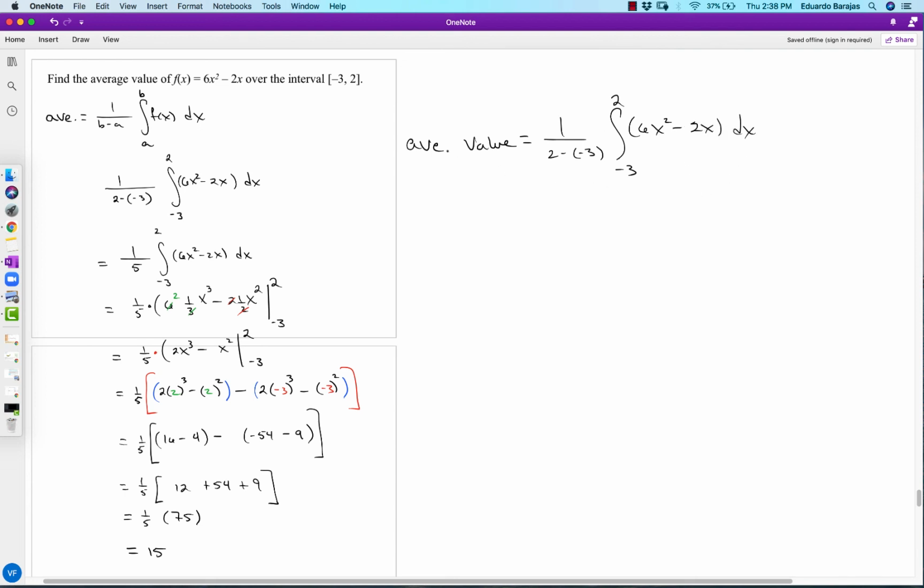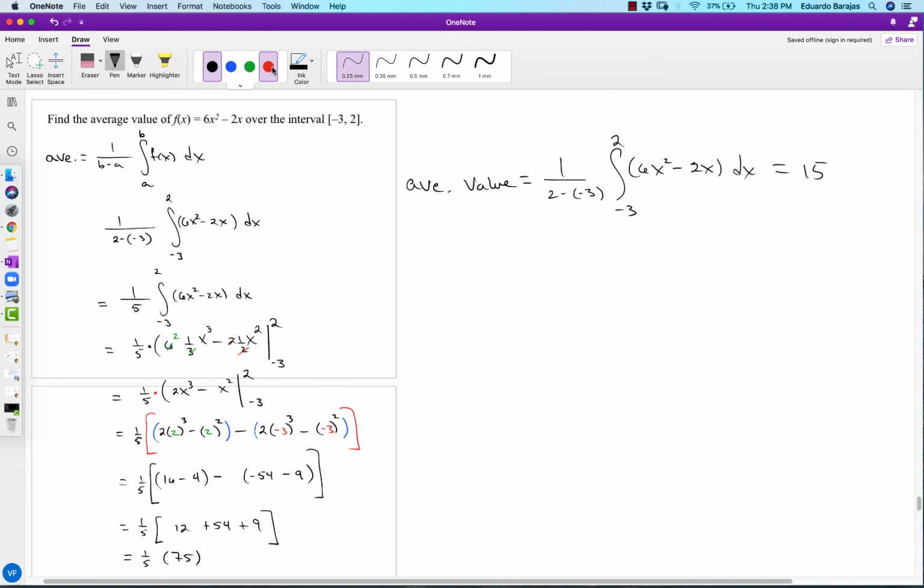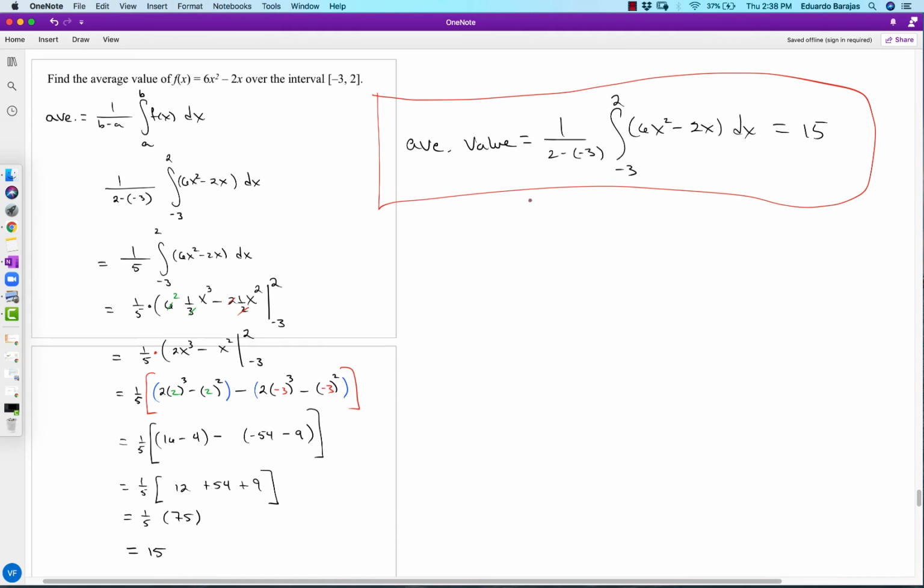So that gives me my average value. And after a lot of work, we found that that answer was equal to 15. Okay, my average value equals this integral, and we solved it. We got an answer of 15.